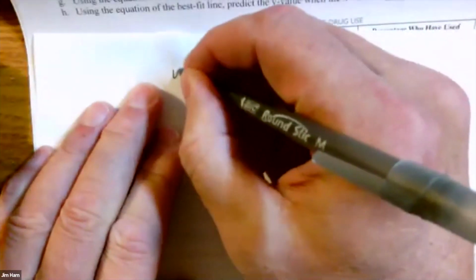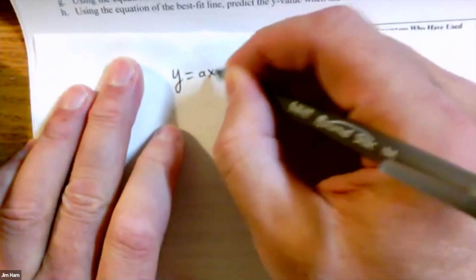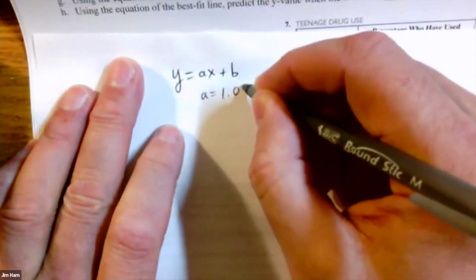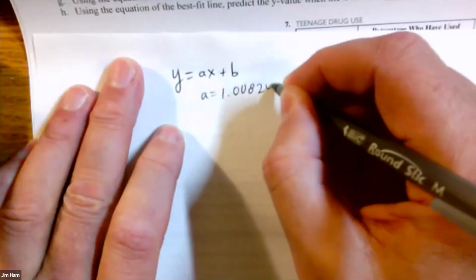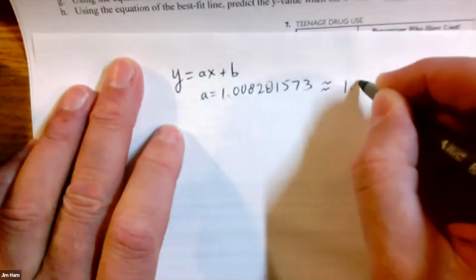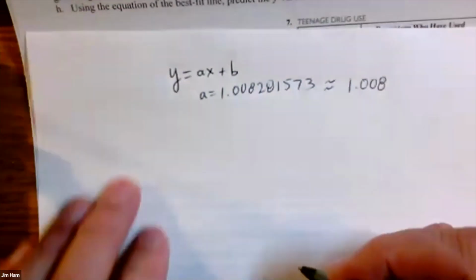All right, so the output is y equals ax plus b, and then the calculator gives us that a is 1.0082811573, and we'll just round that to 1.008, 3 decimal places.